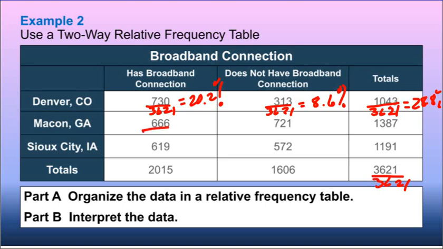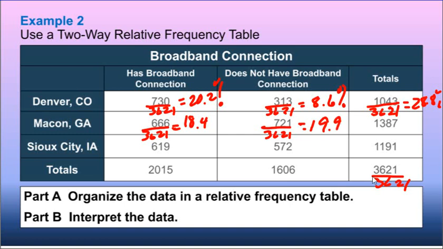So the same thing here, 3621. 666 divided by 3621 gives us 18.4. 721 divided by 3621 gives us 19.9.